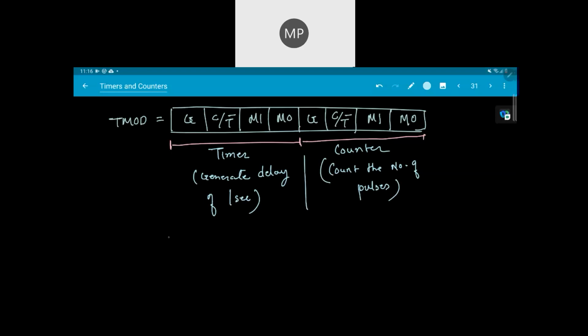Right? So since we count the number of pulses, my 8051, since I have this pin 3.4, right?